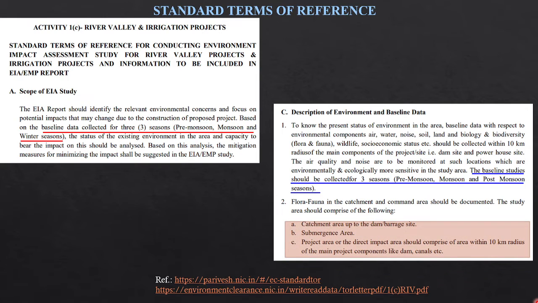And the study area would be the project area or the direct impact area, which should comprise the area within a 10-kilometer radius of the main project component, and the catchment area up to the dam and barrage and submergence area would be the buffer area. So the study area for this river valley project is a little bit huge.